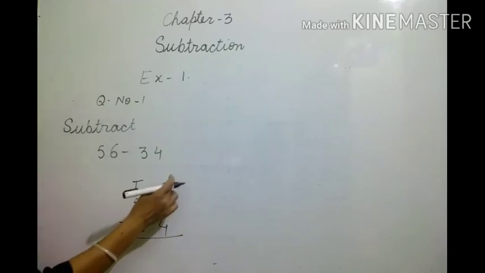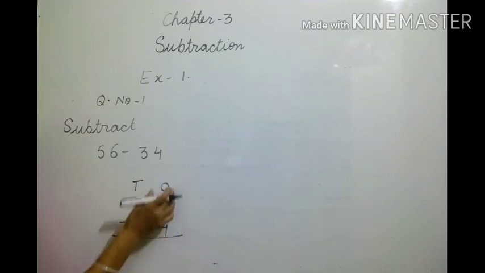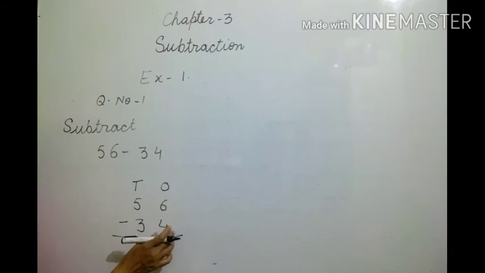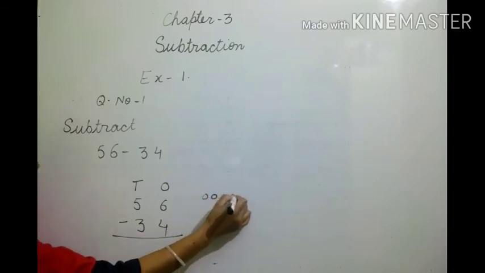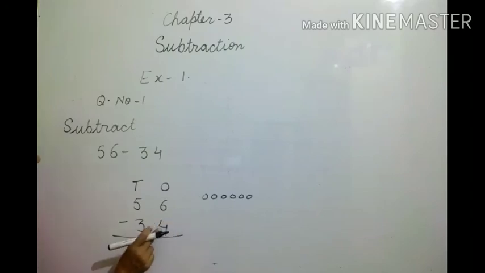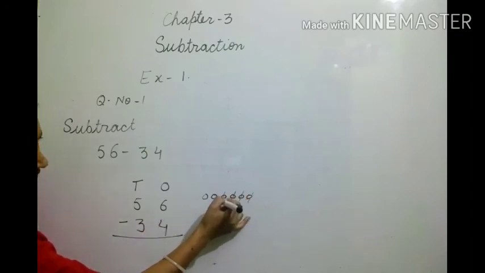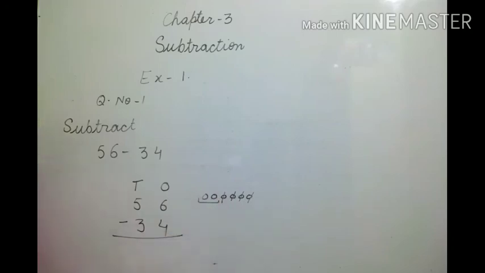Now start from the ones column. You will always start subtracting from the ones column. 6 minus 4. 6 circles you will make. How many do you have to cut? 4. 1, 2, 3, 4. How many left? 2. So you will write 2.